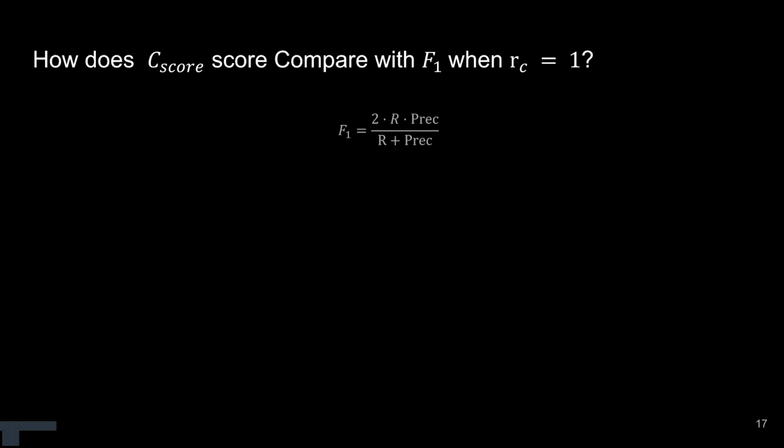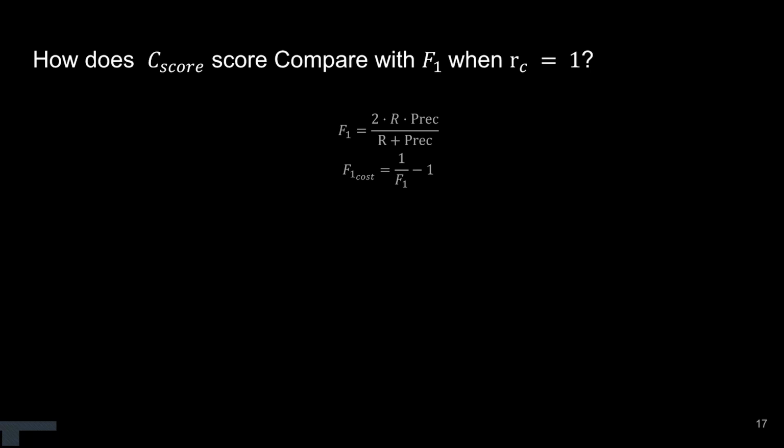It is bound between 0 and 1, and the higher it is, the better it is. So one way to convert F1 score into a cost is to transform it like that, 1 over F1 minus 1. So now when F1 is equal to 0, the cost goes to infinity, and when it's 1, the cost is 0.